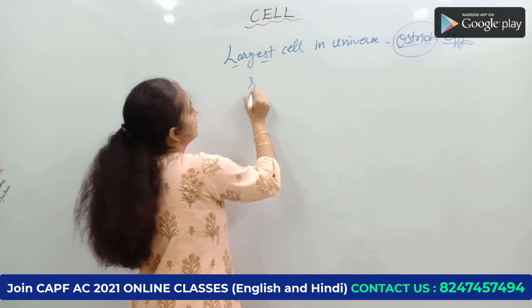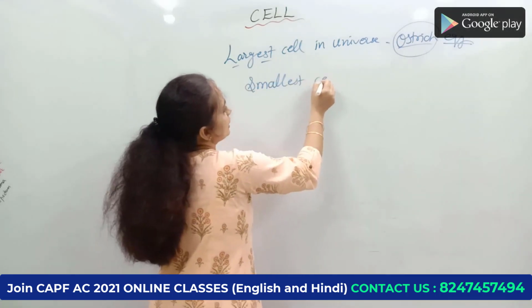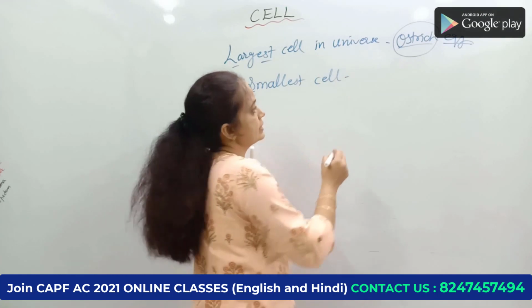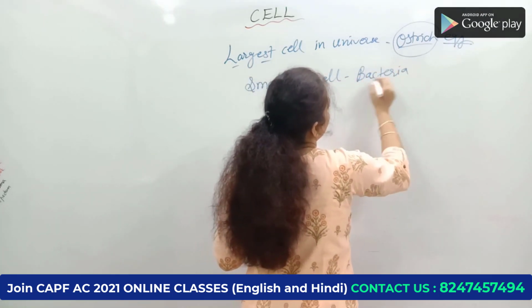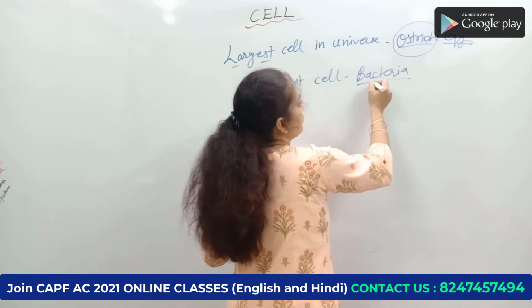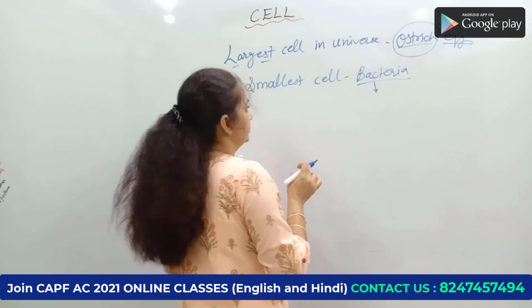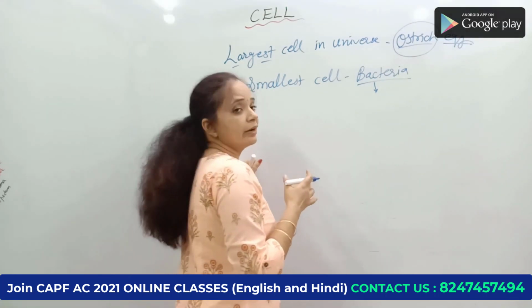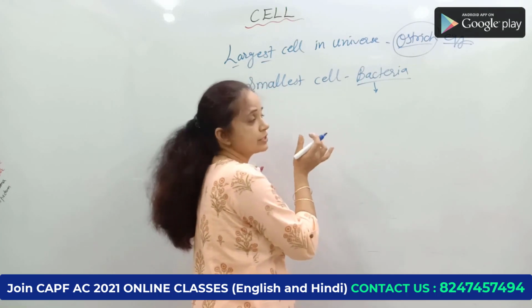And the smallest cell is a bacterium. But which bacterium, the name you have to remember, because there are different bacteria. Which bacterium is the smallest one?